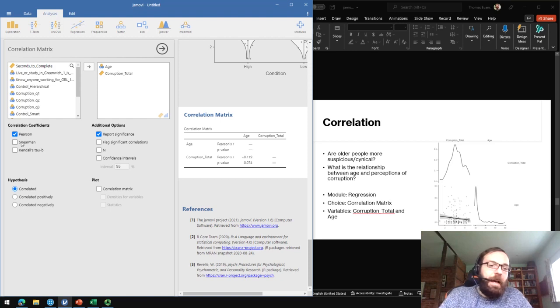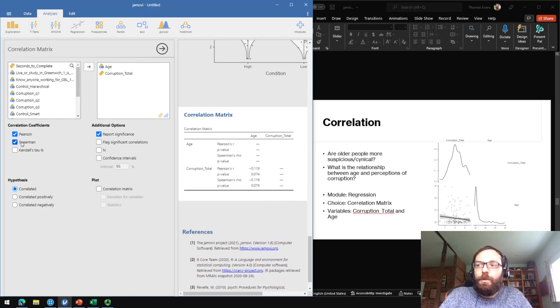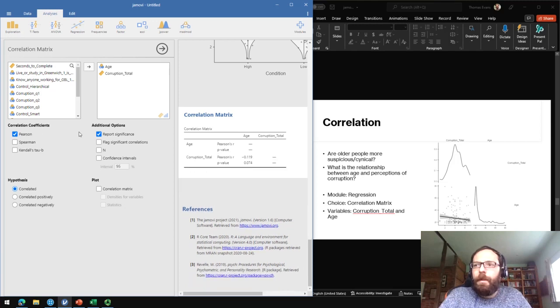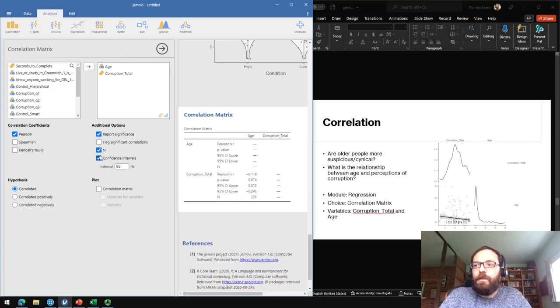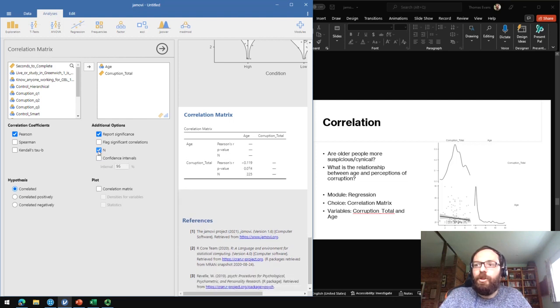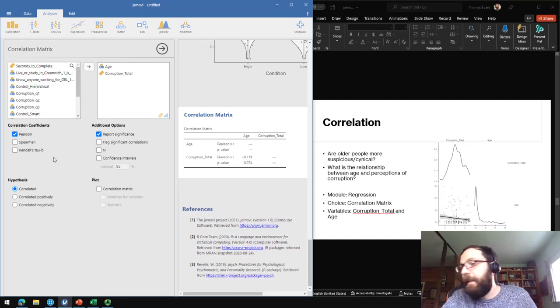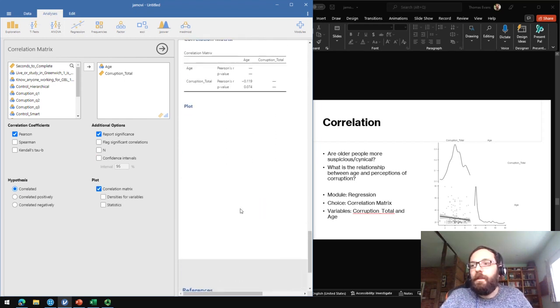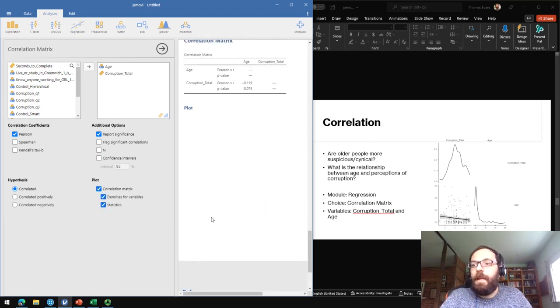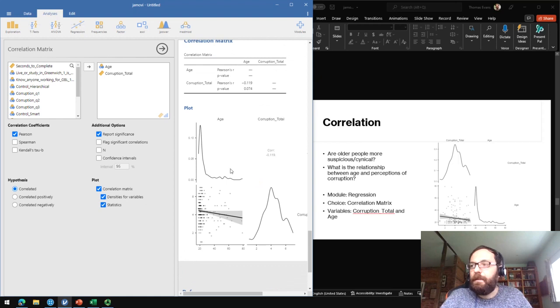Again, you can choose options which don't require so many assumptions, for example, Spearman's rho, and you can ask for all the other sorts of information, for example, confidence intervals, which can be super useful too. One thing I particularly enjoy doing is looking at the plots associated with it and asking for both densities and statistics, and you see here lots of very useful information.